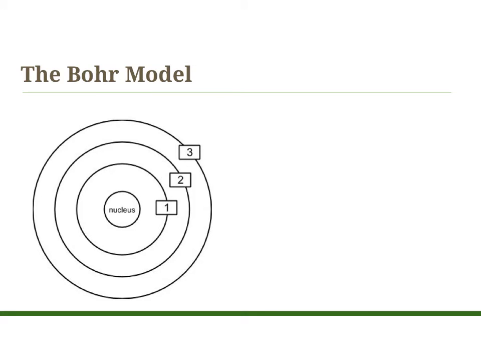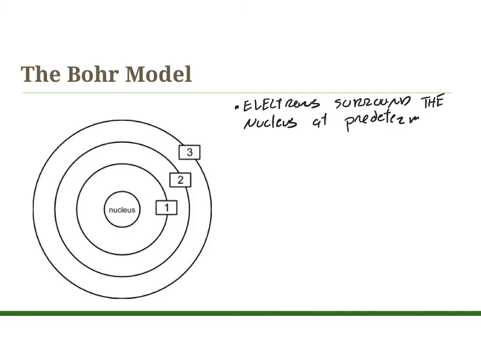Now, the Bohr model has a couple of things that we need to keep track of. One of them is that electrons surround the nucleus at predetermined energy levels, sometimes referred to as energy shells.